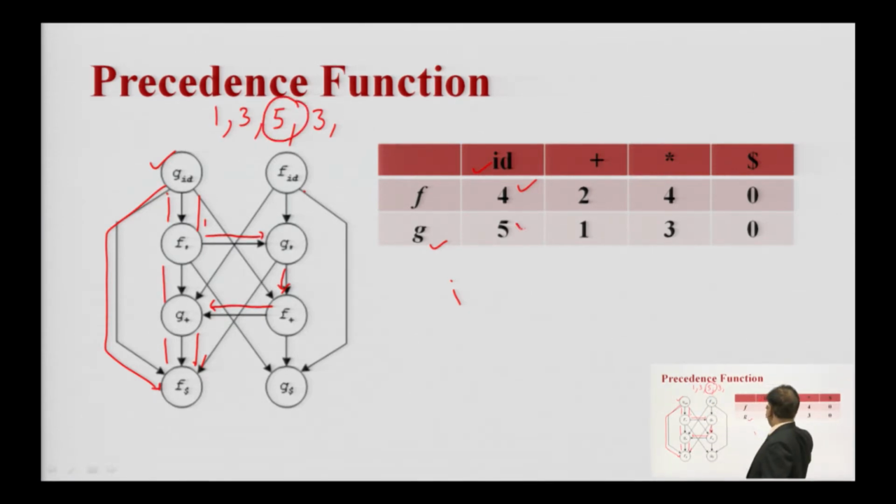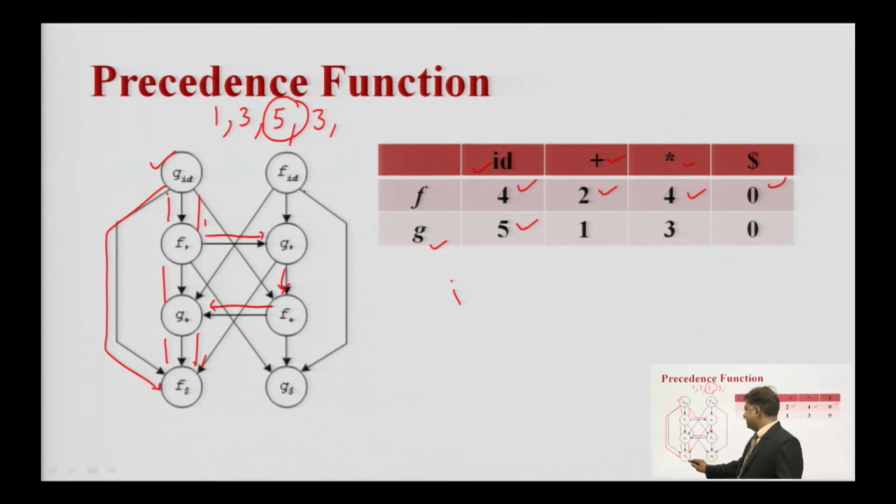So, I can put here the value of G I D as 5. Similarly, I can find the values for each node. For F plus, that will be 2, F star will be 4 and F dollar will be 0. 0 means there is no edge going outside from this node.